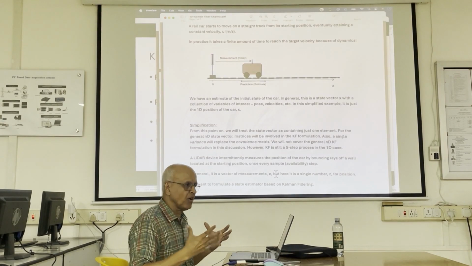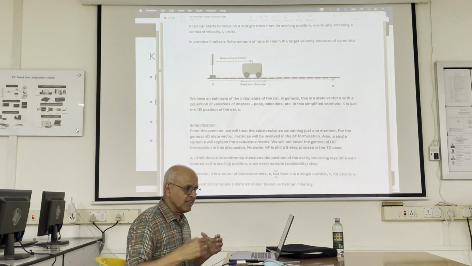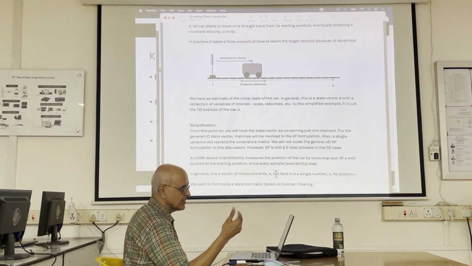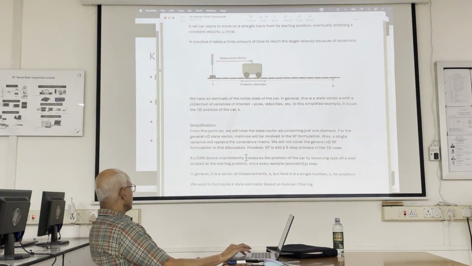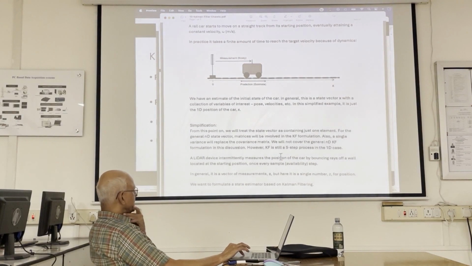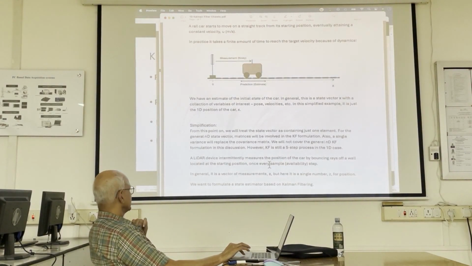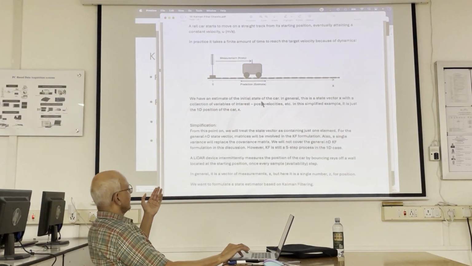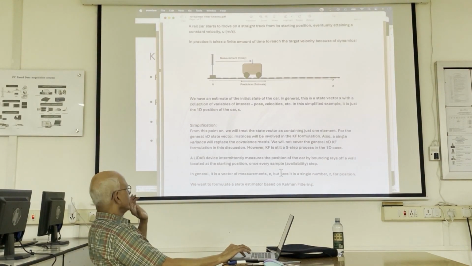So it has to be formulated in a matrix sense. Otherwise, it will be very confusing. You can't do the n-dimensional case without doing the one-dimensional case first. So the LiDAR device intermittently measures the position of the car by bouncing rays off a ball located at the starting position. Once every sample, and that is up to you, whatever it is. Maybe it's once every 10 seconds, right?